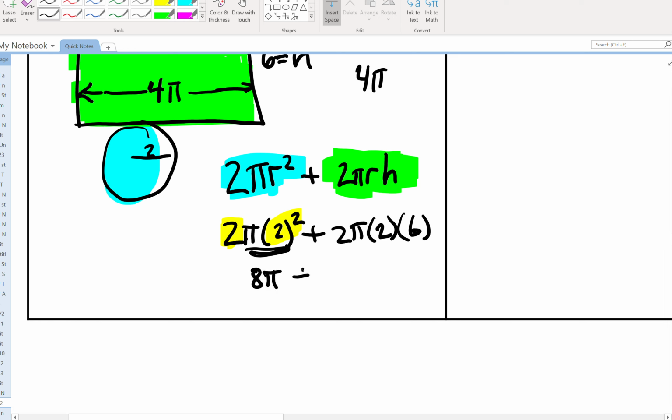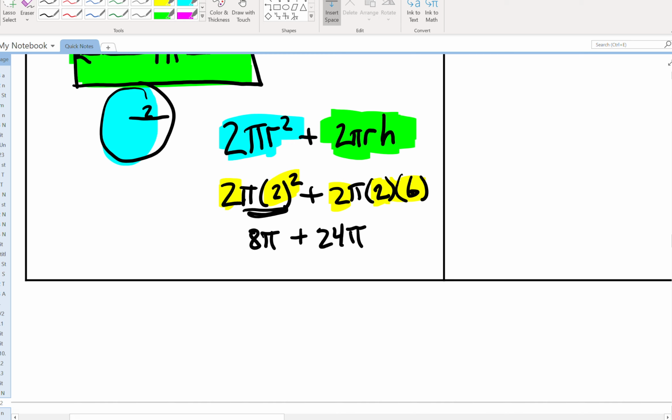Plus, this 2 times this 6 is 12, and 12 times this 2 is 24, so I've got 24 pi. Since 8 pi and 24 pi are like terms, that's 32 pi, and that would be the exact surface area of this thing.